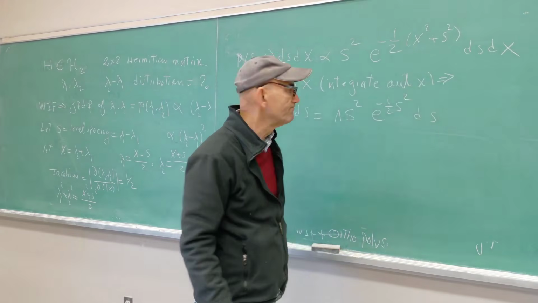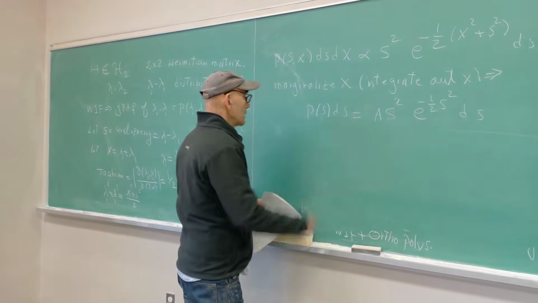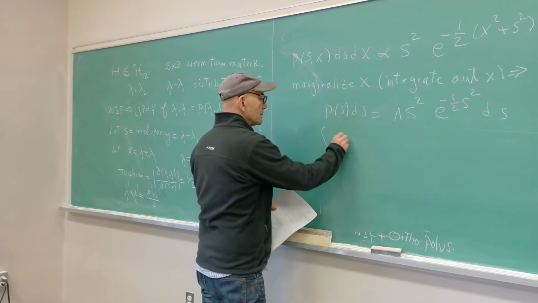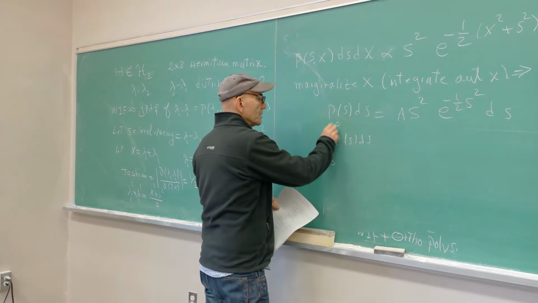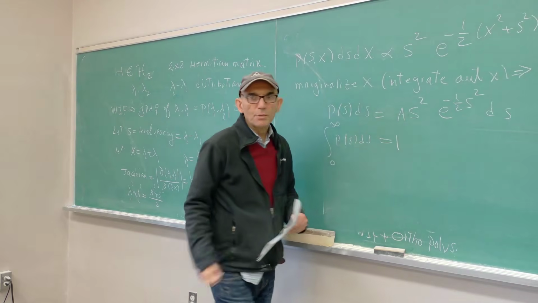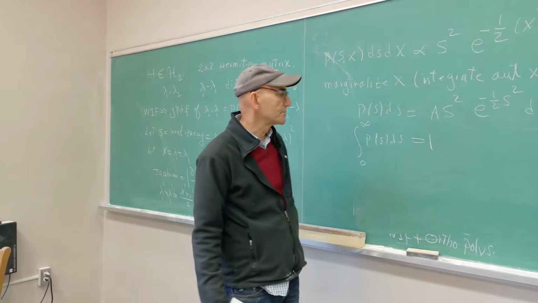This is normalization. So you can find A by the condition that the integral of P(s) ds from 0 up to infinity has to be equal to 1, because this quantity is never negative.